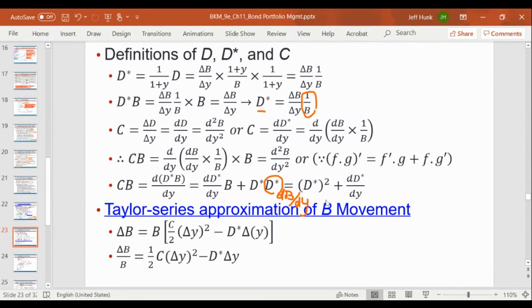And then what is left is D star B, the modified duration, D star B, right?